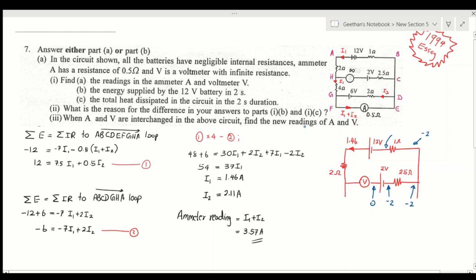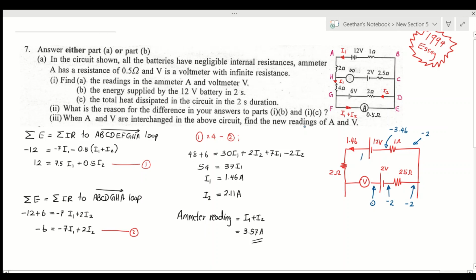And at this point we can say there is a potential drop. The potential drops by 1.46. So minus 2 minus 1.46 is minus 3.46. And again we go from the minus terminal to the plus terminal through a battery.